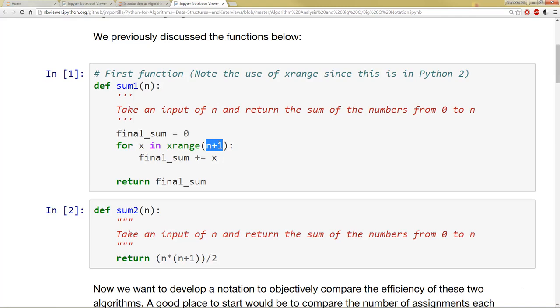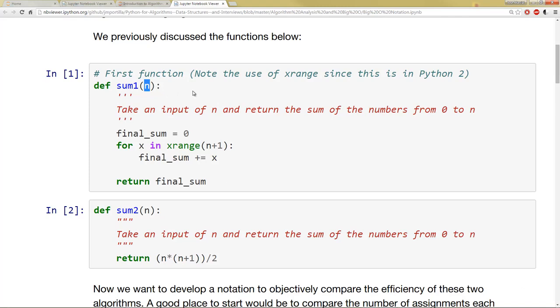So we can say that for a problem of n size, here it's the input, this function will take 1 plus n steps, or n plus 1 steps. And this n notation allows us to compare solutions and algorithms relative to the size of the problem. Sum1 of 10 will be different than sum1 of 1,000,000, if n equals 10 or n equals 1,000,000.